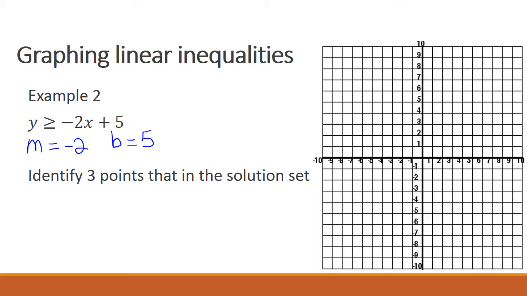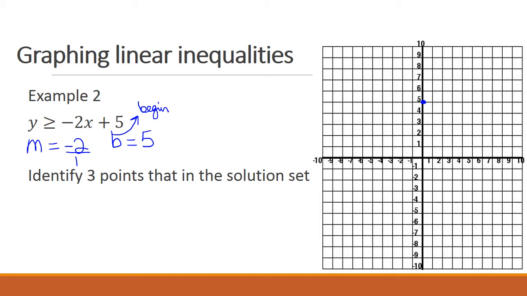To graph this inequality, I always begin, B is for begin, with the y-intercept. So I'm going to begin with 5, graph 5 on my y-axis, and I'm going to use the slope to graph my other points. I know that my slope here is negative 2 over 1.